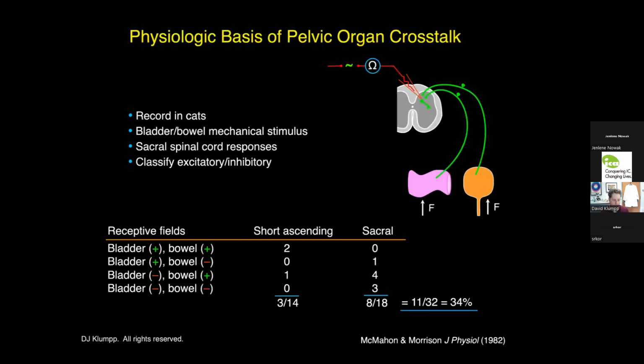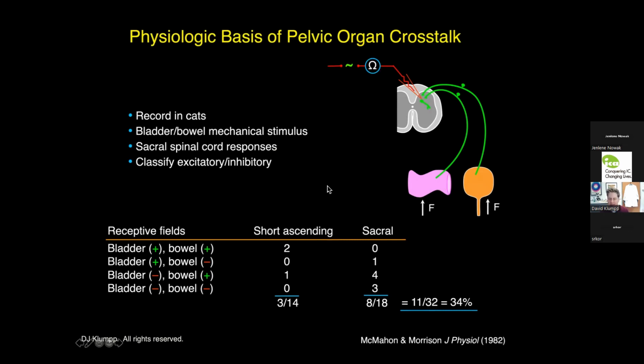Now, you've all probably heard of the IC diet and the effects of these comestibles on aggravating symptoms. Why is that? Well, it turns out there's a lot of crosstalk between the bladder and the bowel.